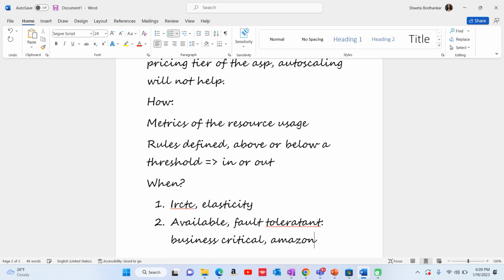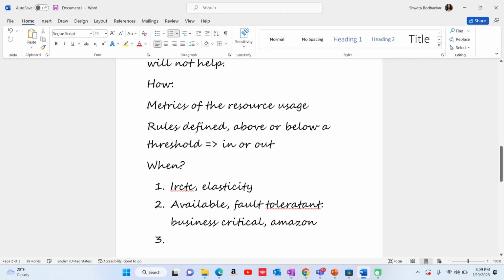If for whatever reason the website is not responding, the user may go to a competitor and may not come back. So it's very important in business critical scenarios, where you do not want users to get a timeout or unresponsive behavior.